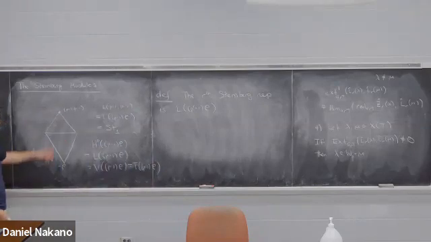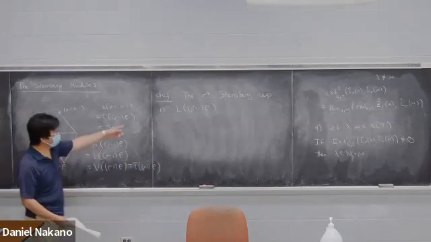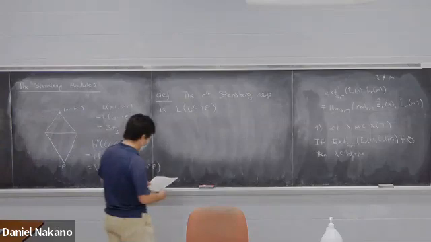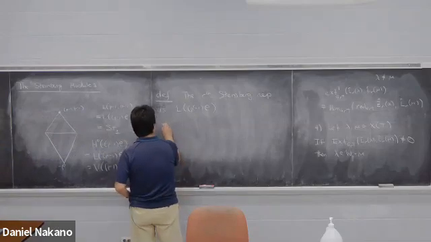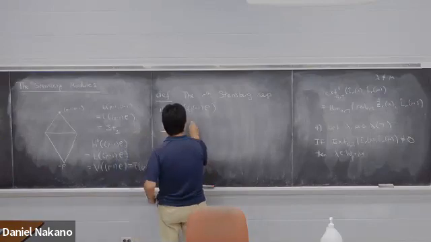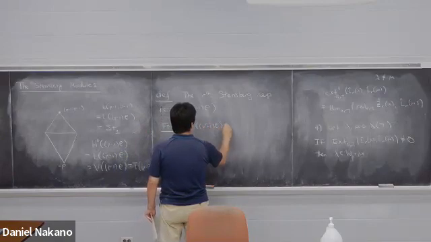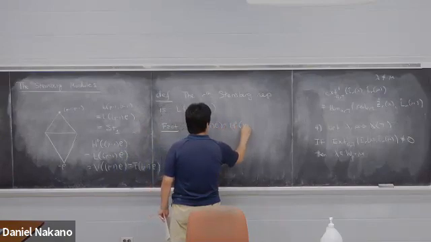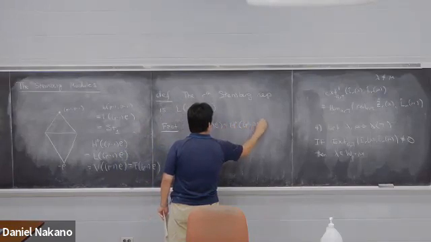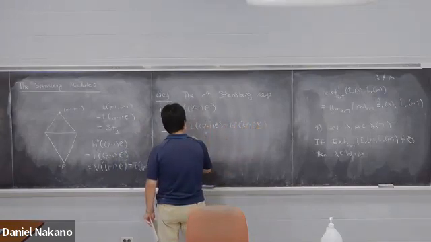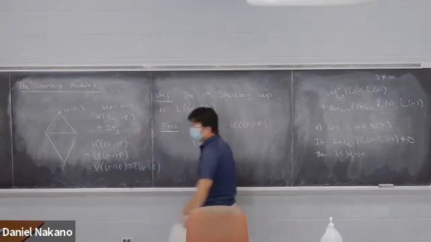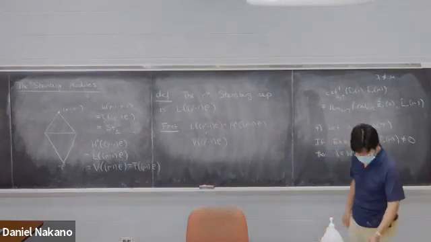So at this vertex, everything coincides, and the same is true for this one too. This is a fact that's not that hard to prove. It's saying that the r-th Steinberg representation is the same as H0 of (p^r minus 1) rho, and it's also equal to V of (p^r minus 1) rho.